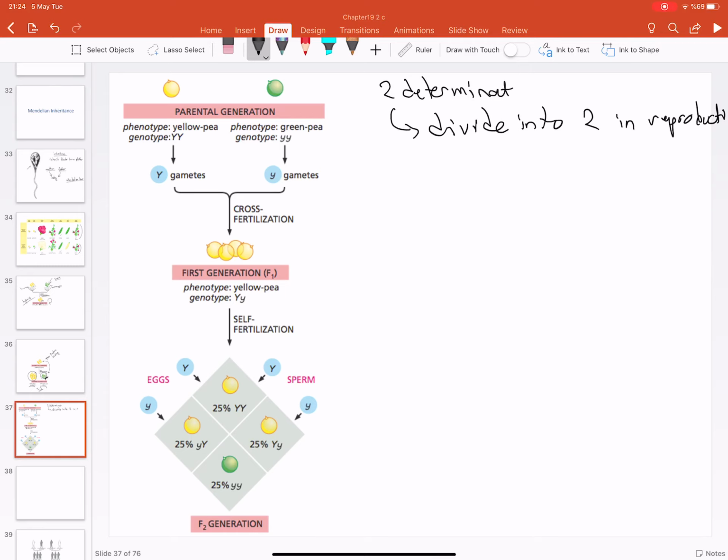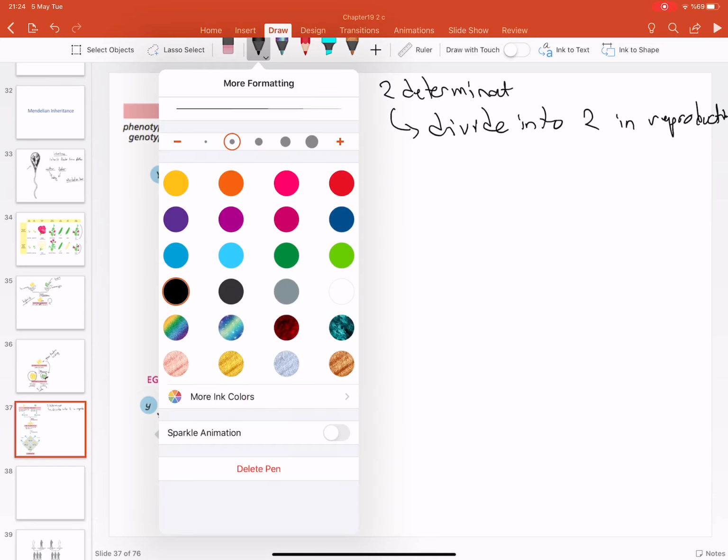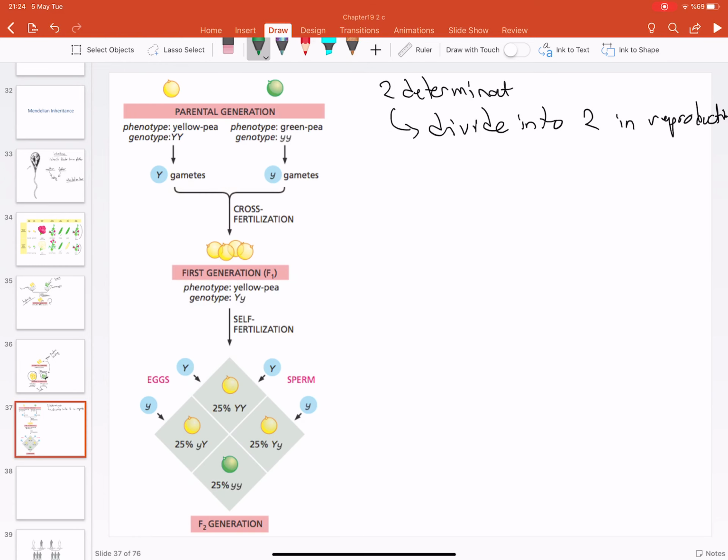Okay, this is the old language, the end of 19th century. Currently, we know what these determinants are. Now we call them genes. Mendel didn't call them genes, he didn't know them. And he said that they divide into two. Now we know it is meiosis. So he actually observed meiosis in maths.